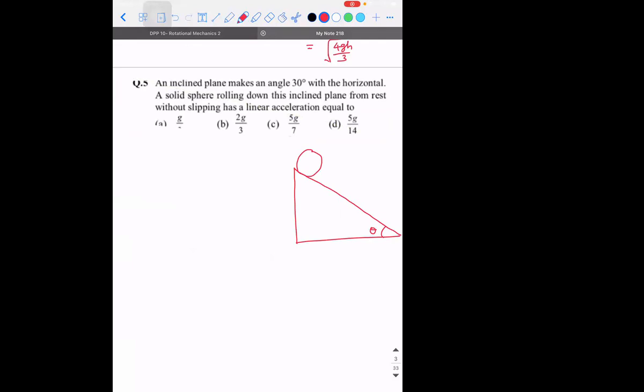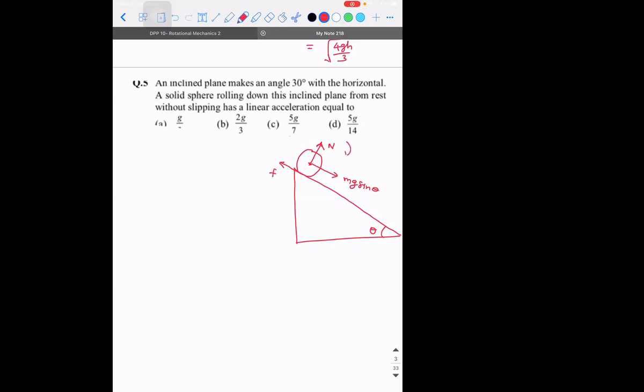Okay. So when you want acceleration, remember you have to apply the concepts of Newton's laws of motion. When you want velocity, you can apply the concepts of energy. Mg sin theta, normal, friction.